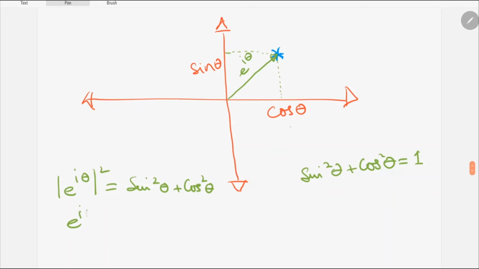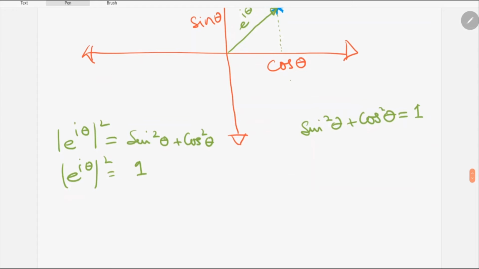So the magnitude of e to the iota theta squared is equal to 1, or if you just remove the square, the magnitude of e to the iota theta is equal to 1. So what does this mean? The magnitude of this thing is equal to 1.